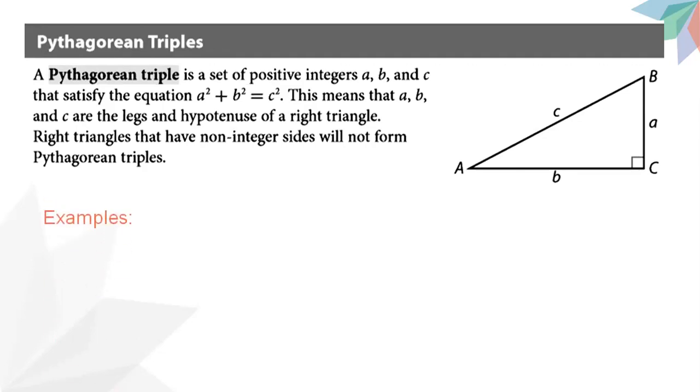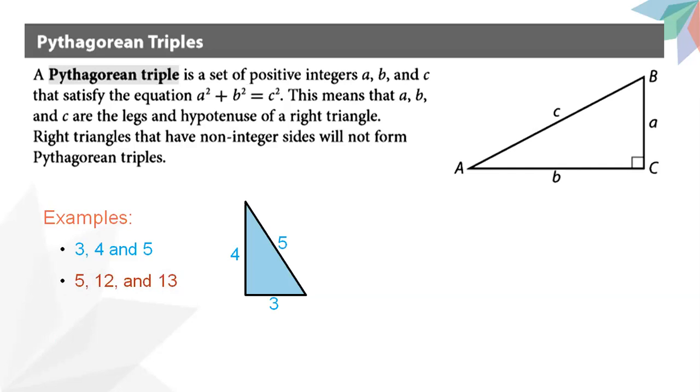As an example, 3, 4, and 5 is the first triple that we must know. It's a well-known triangle. If I have a triangle with short leg 3 and the longer leg 4, the hypotenuse should be 5. The second well-known one is 5, 12, and 13. If I have a right triangle where the shortest leg is 5 and the longer is 12, the hypotenuse should be 13.